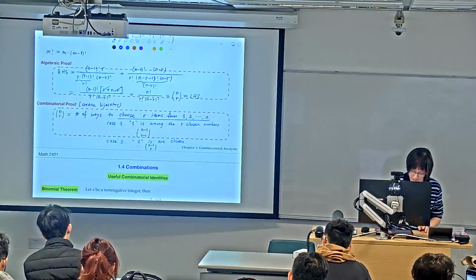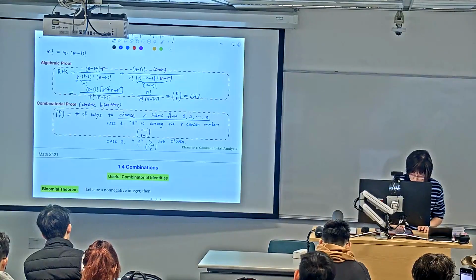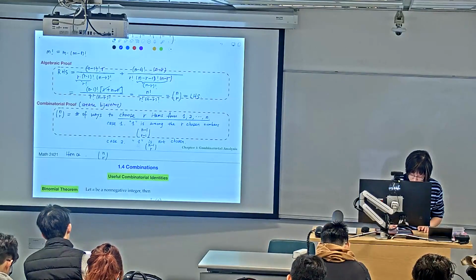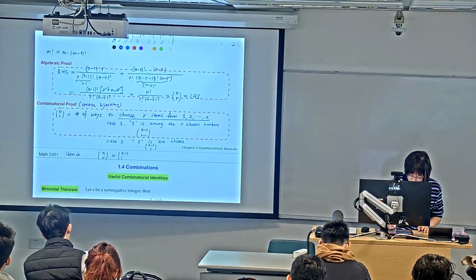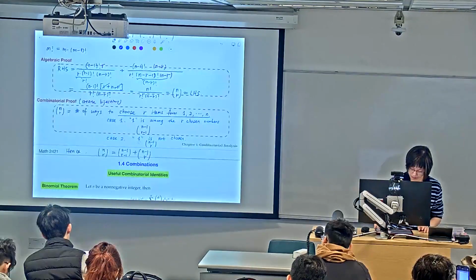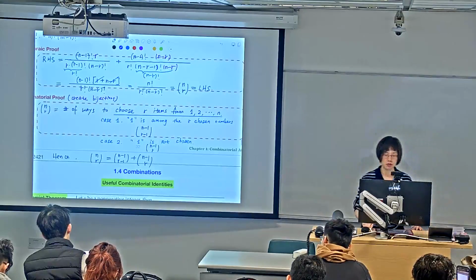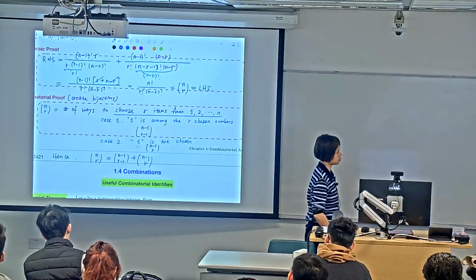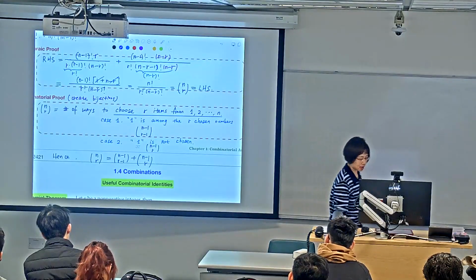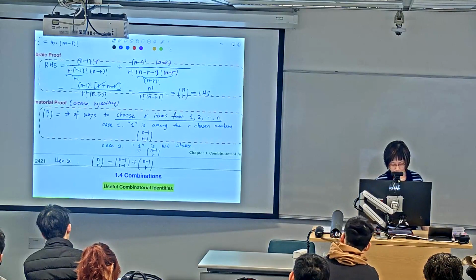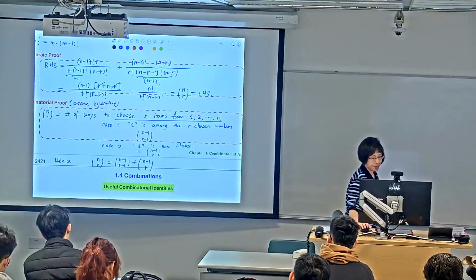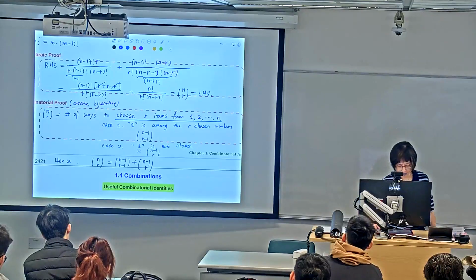So these two numbers are the same. So in the combinatorial proof, we don't really need to exactly compute something or write down the exact expression. We just create this kind of bijections.